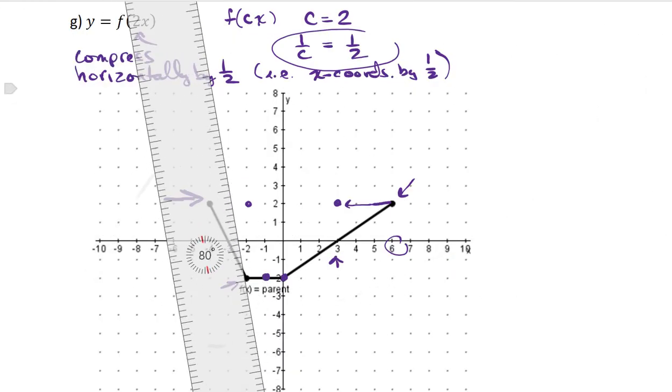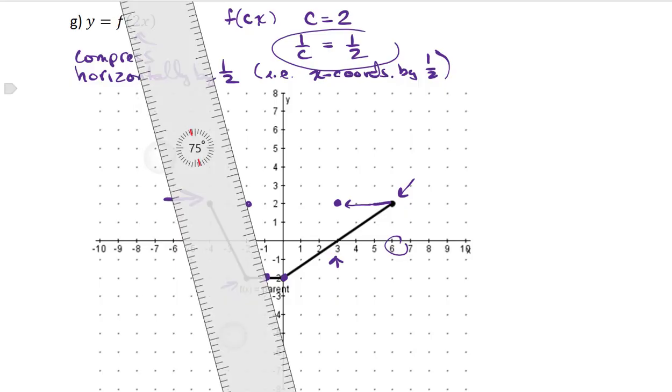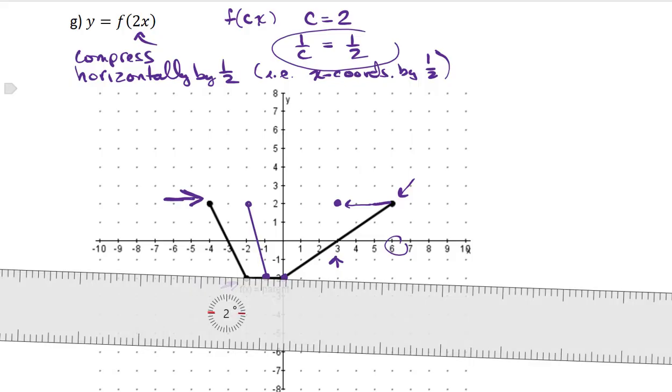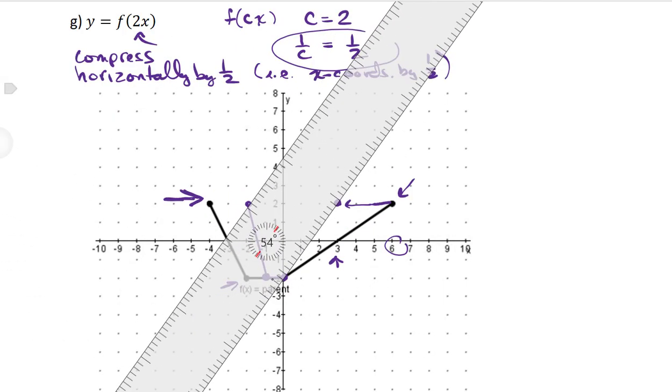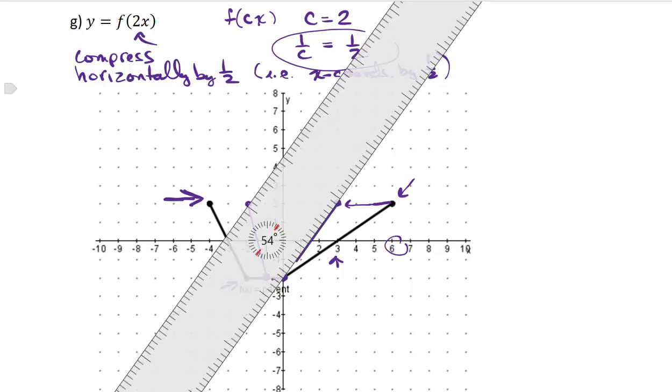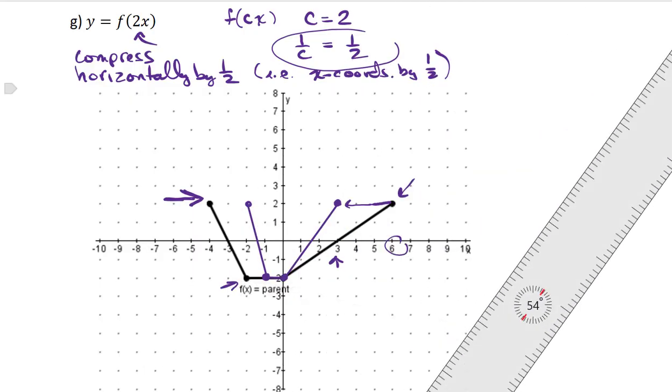And now with the 4 points, similar to the other parts, we're going to connect them with line segments. As you can see here, the graph of the equation y is more narrow compared to the graph of the parent function.